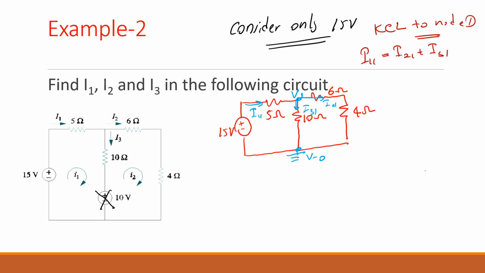Can you write these currents in terms of voltages? Do you remember that from last week? I1 you can write as 15 minus V1 divided by 5. So 15 minus V1 over 5 is I11.